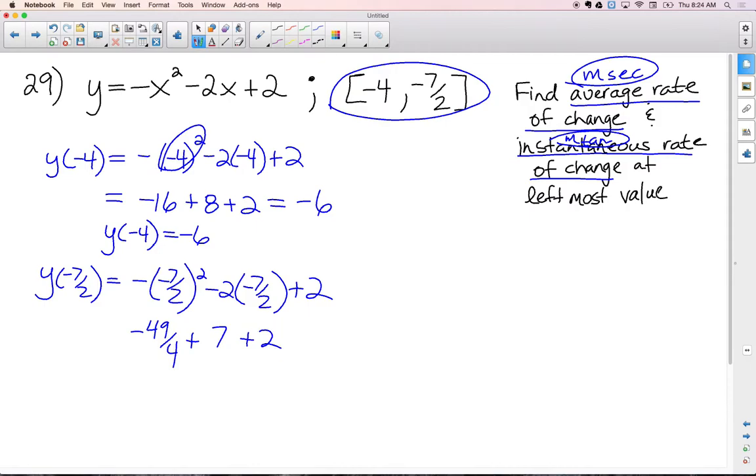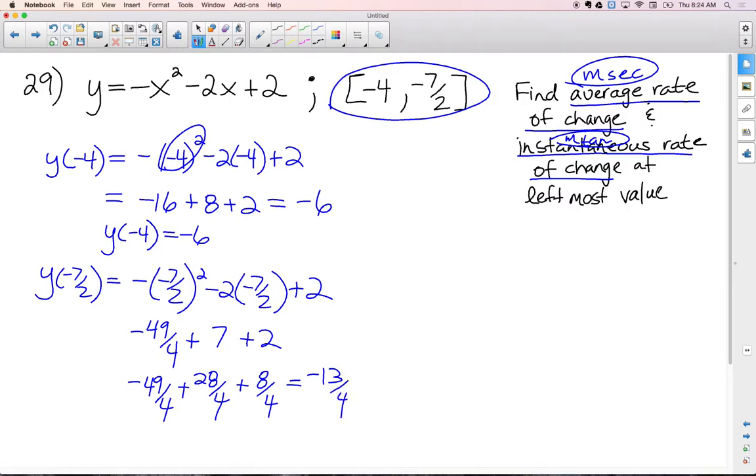And if I want a common denominator, that's going to be -49/4 plus 28/4 plus 8/4. So let's see, what would that be? That'd be 36/4. So we got -49/4 plus 36/4, which would be -13/4. So there's that point.